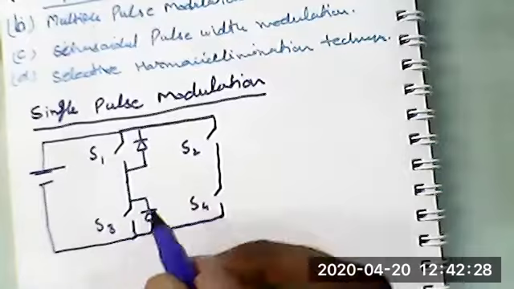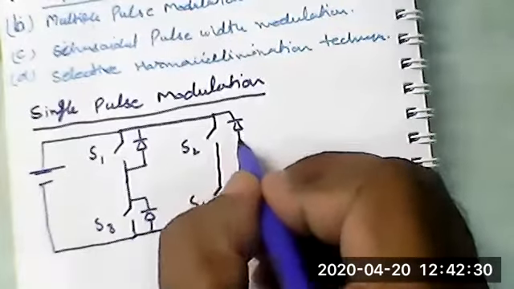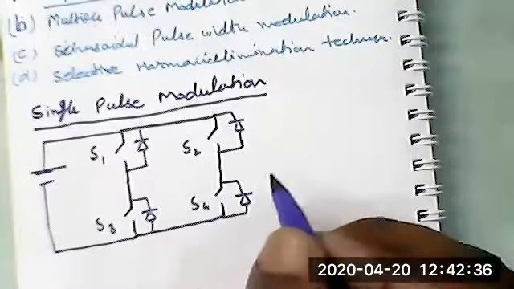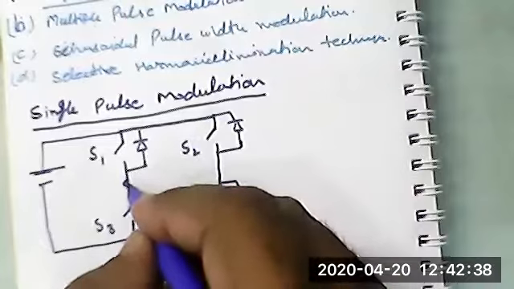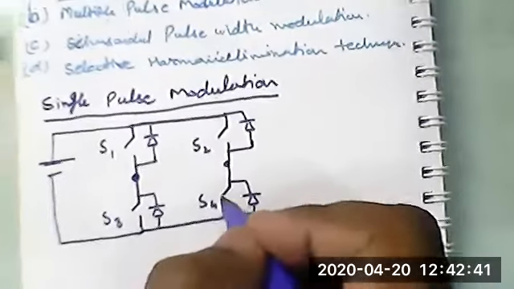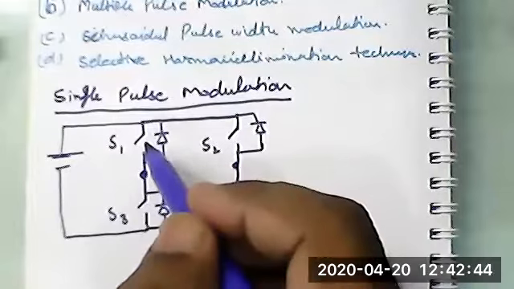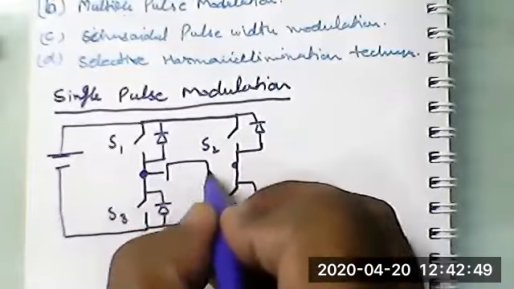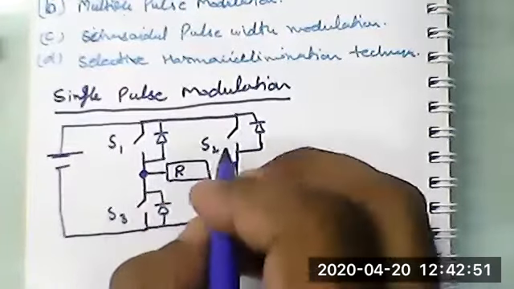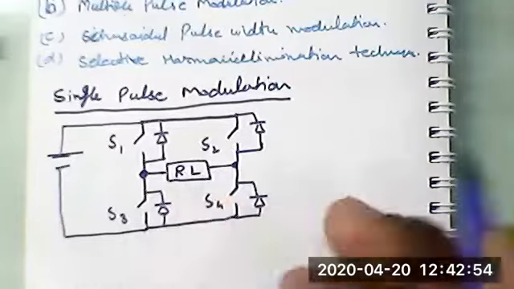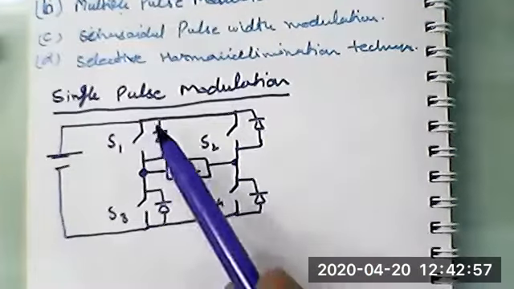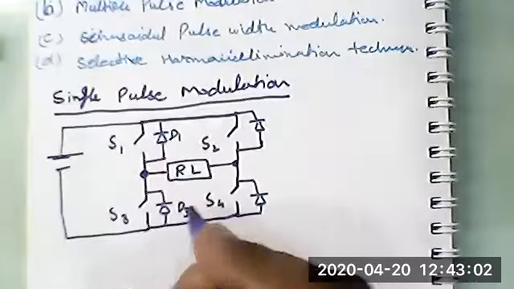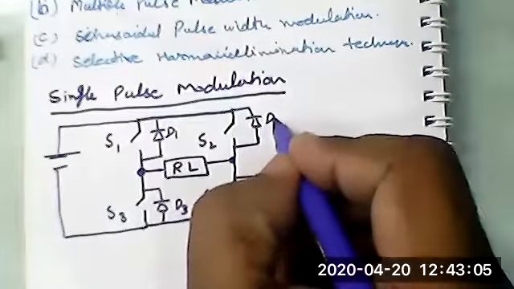In case of a VSI, a diode must be there in parallel with the switch. So this is our single phase inverter, and this is our load. Let us say we have an RL type load, because in case of R, these diodes will not come into the picture. S1, D1, D3, D4, and D2.